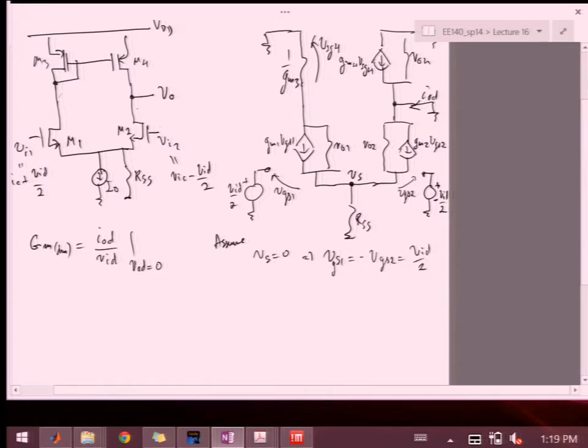Okay. So in that sense, this current from the current controlled source is the same as this one over here. And if I neglect the ROs, the current will flow here and not through RSS.